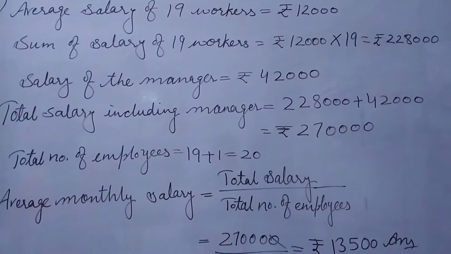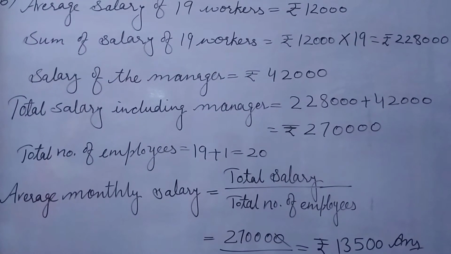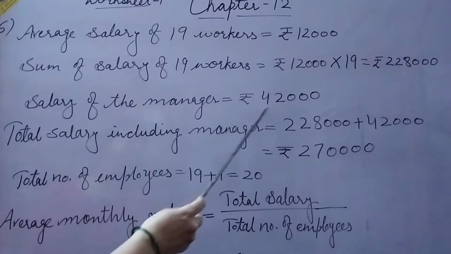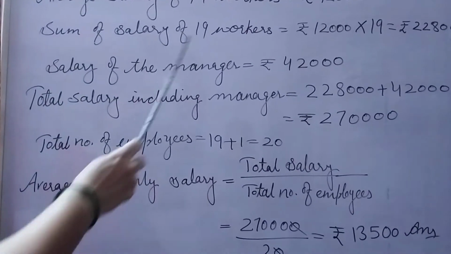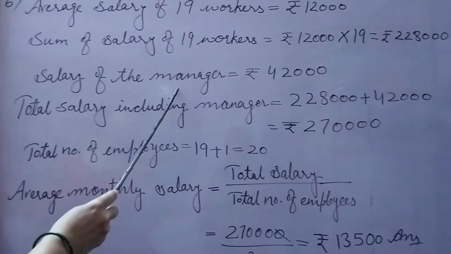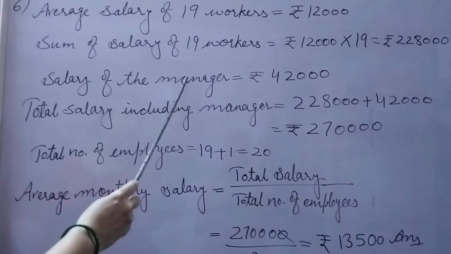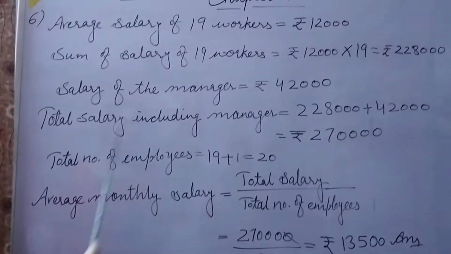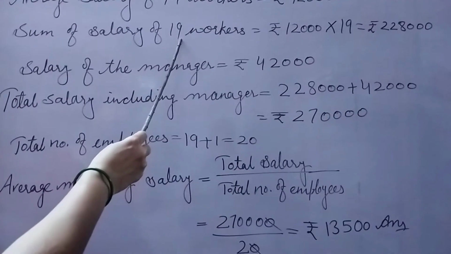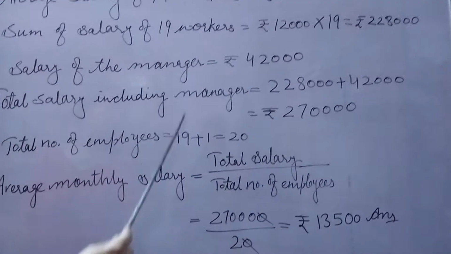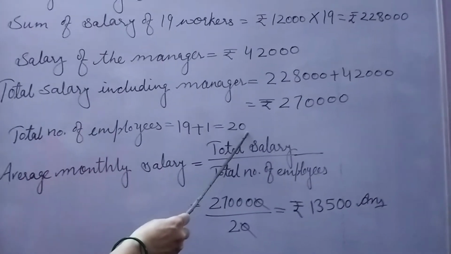Next, salary of manager is given to you. Salary of manager is rupees 42,000. It is given to you 19 workers and one manager. Total number of employees 19 plus 1, we can write 19 workers and one manager, 20 employees total.